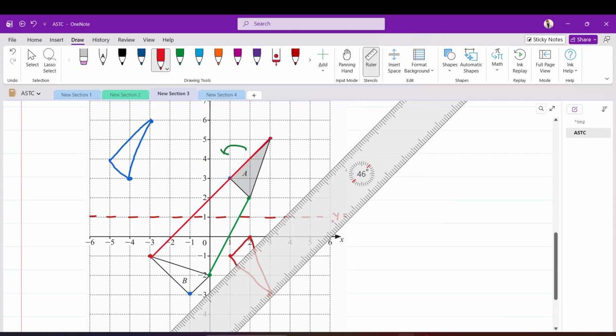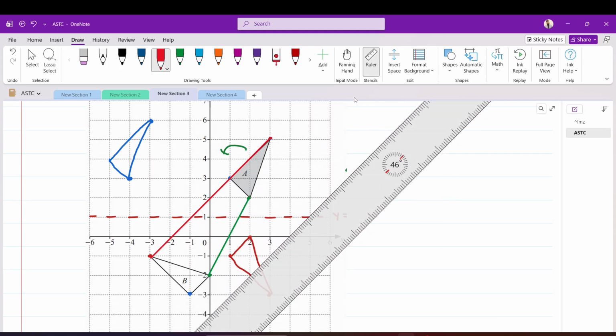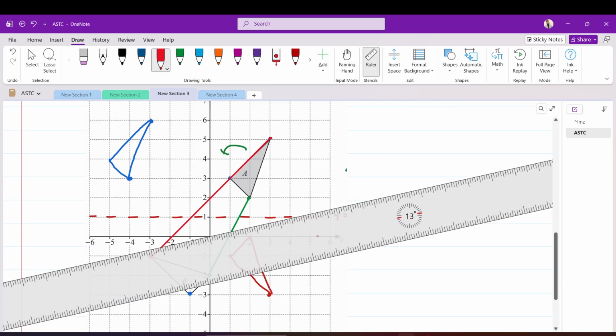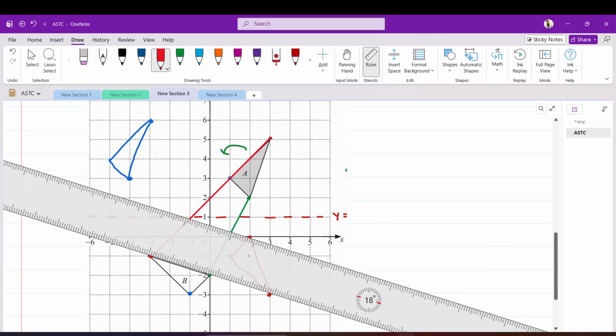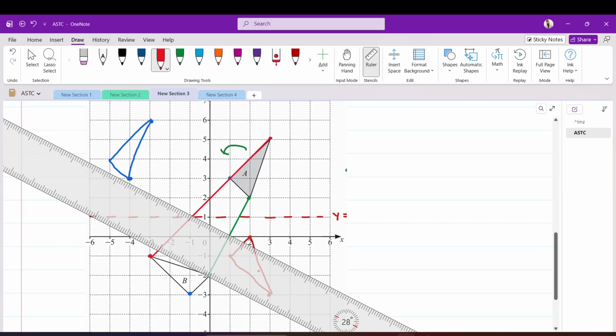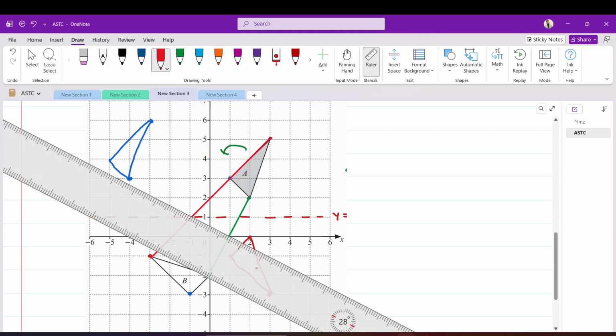Now for this green line, we are going to draw its perpendicular bisector. And how are we going to do that? Using the protractor, you have to measure where it becomes 90 degrees. Just by estimation I'm going to say that 90 degrees is going to be somewhere around here. So I'm going to keep my compass over here and make an arc. Let's say that arc is somewhere over here.